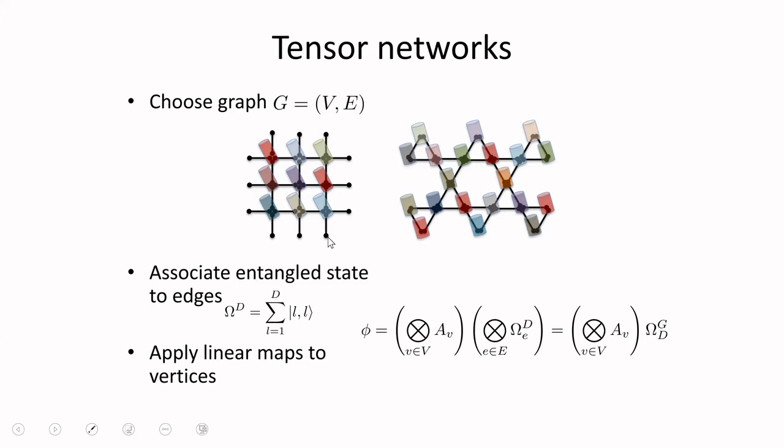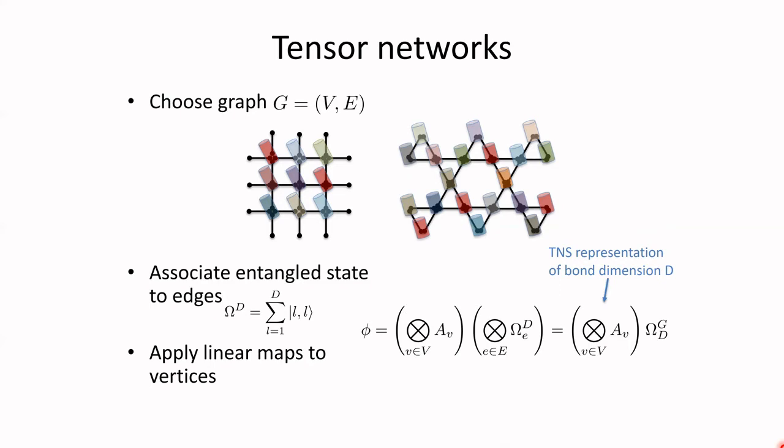And then exactly in the same manner as before, we get a state phi out of this form, where we have this underlying resource state, this network of maximally entangled states parameterized by this graph, and we apply these local linear maps to it in order to get the physical state out. And that is what we call a tensor network representation of fixed bond dimension D, where the bond dimension D again corresponds to the dimension of the maximally entangled state.